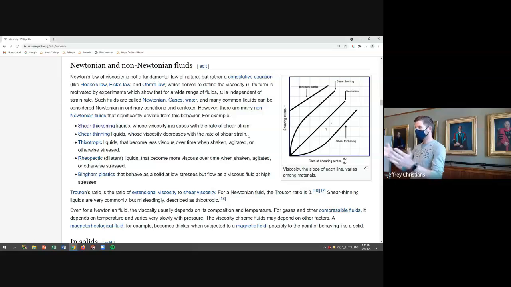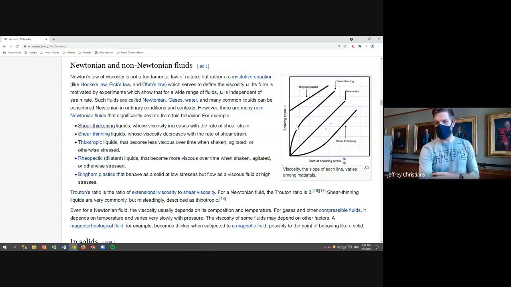If you try to shear them faster or use higher velocities, they offer more resistance. But there are some fluids that do really weird things. There are some that are shear thinning, where the more you push on them, the more liquidy they get.